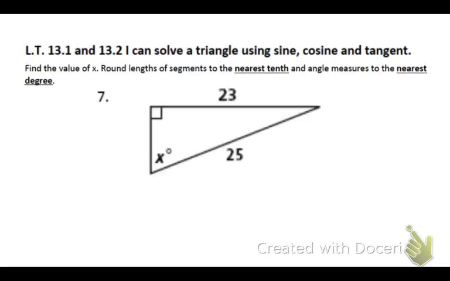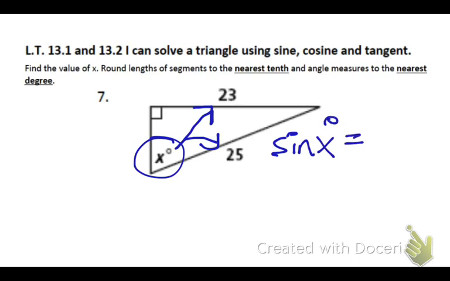All right. This one, we're looking for the angle measure again. So it looks like we have opposite, and then we have hypotenuse. So this is sine. So we're going to do sine of x degrees is equal to 23 over 25. Remember, when you're looking for an angle measure, you're going to do inverse of whatever that trig function is.